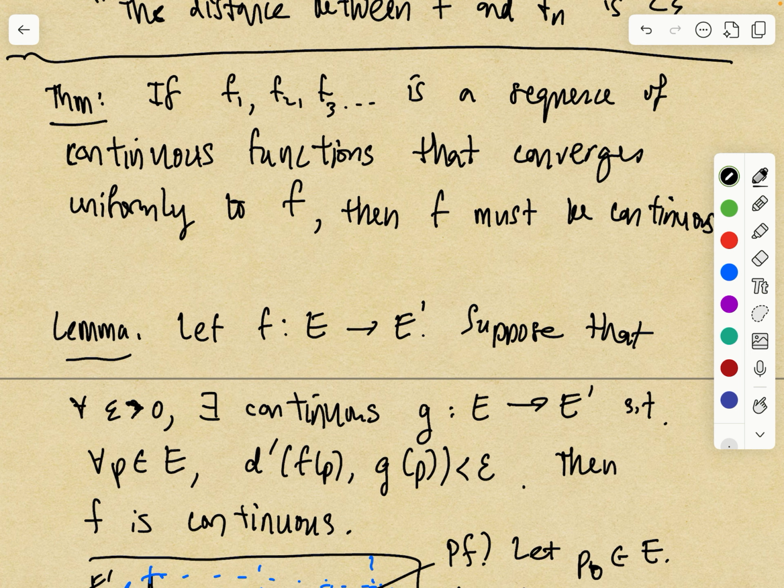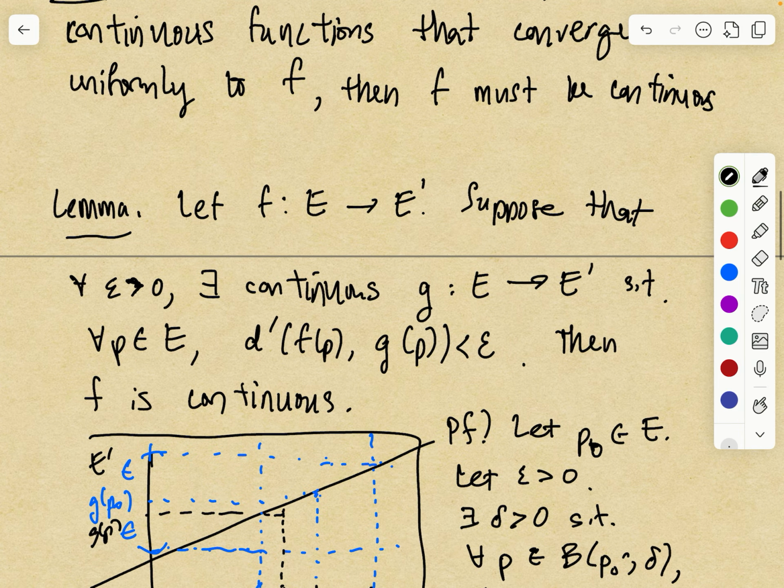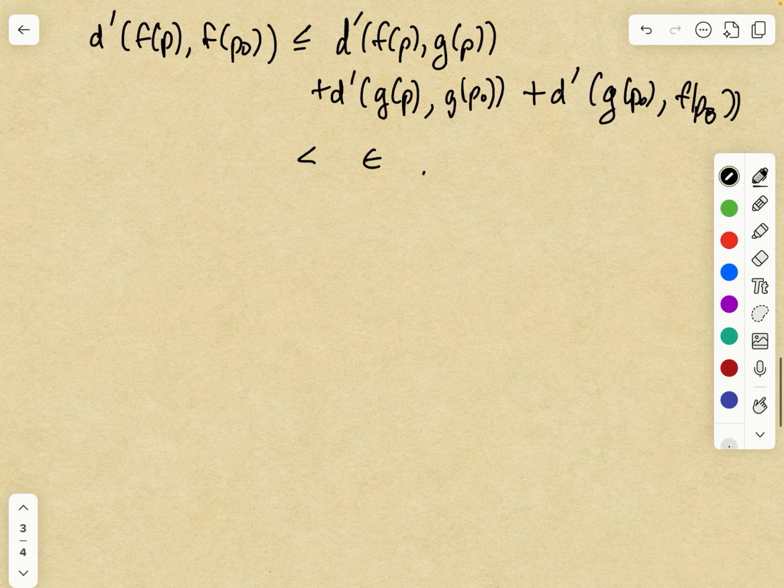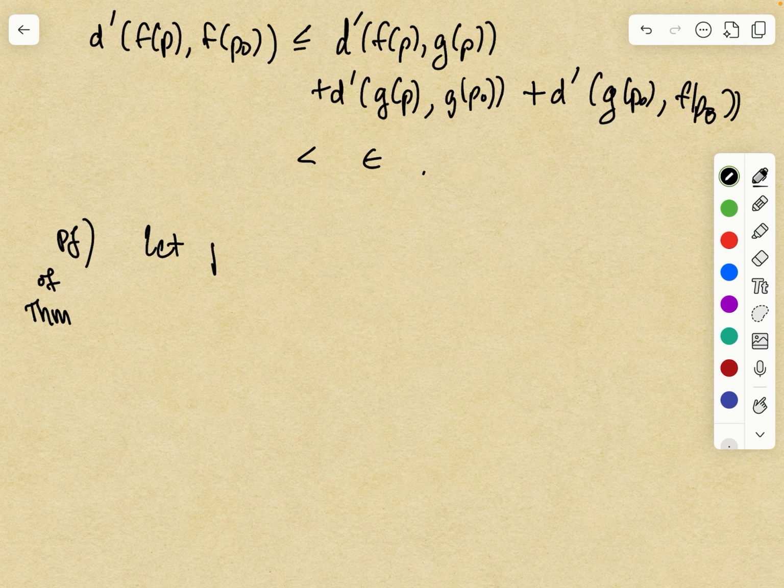So let's go back to the proof of the theorem: if you have a sequence of continuous functions and the sequence converges uniformly to this function f, then f must be continuous. Actually, I would encourage you to try to come up with the proof yourself, because there's really only like 2 lines left. So the proof of the theorem: we want to show that f is continuous. Let p naught be in E and let epsilon be greater than 0.